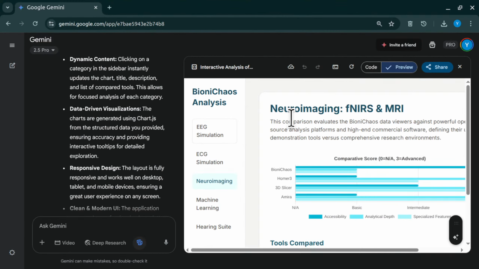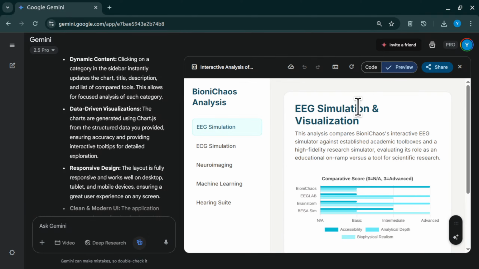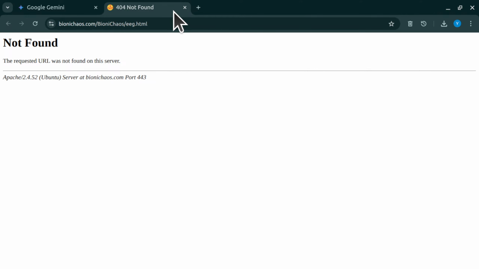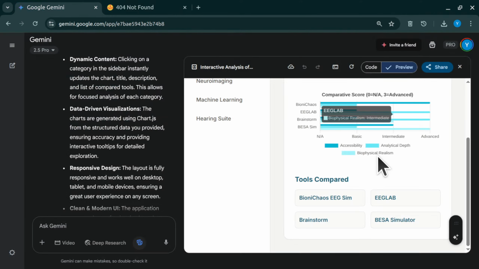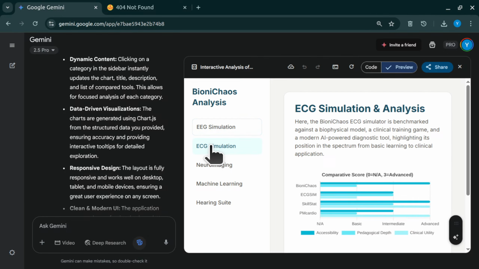Okay, we have the tool in Gemini. It's kind of working, doesn't really fit. Okay, now it fits the screen. Mueller stuffed up the links. The links are not working.